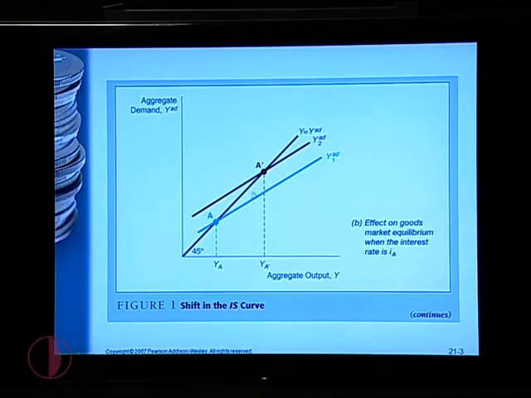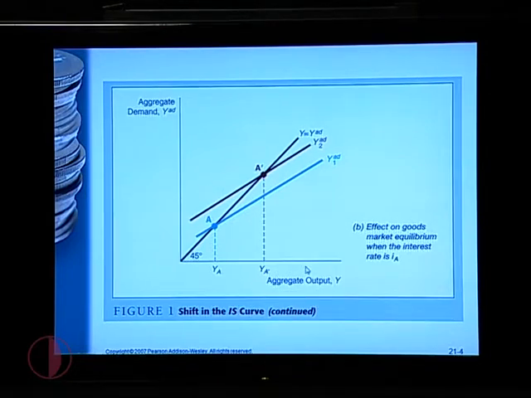When there is a shift in aggregate demand from AD1 to AD2, output increases from Y1 to Y2, from YA to YA prime.